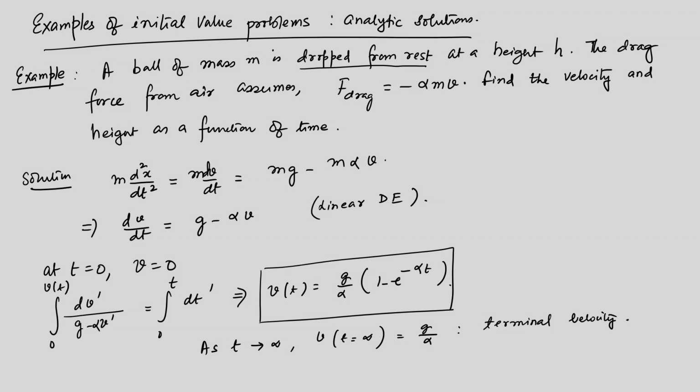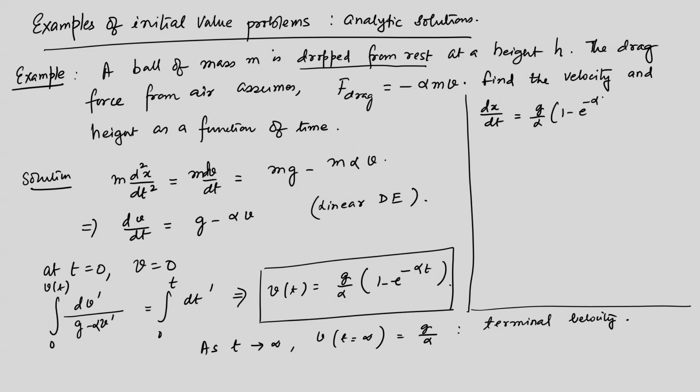We are still left with the task of finding height as a function of time, or the distance as a function of time. So, let us see, we can do it here. Once we get v of t, we can write it as dx/dt, and this is equal to g over alpha times 1 minus exponential minus alpha t.